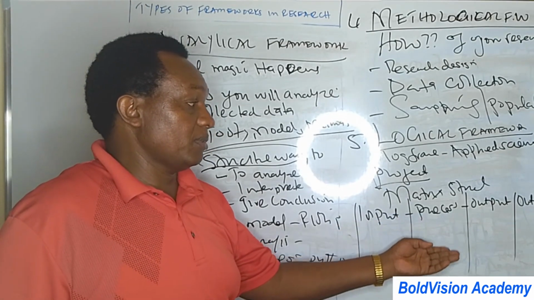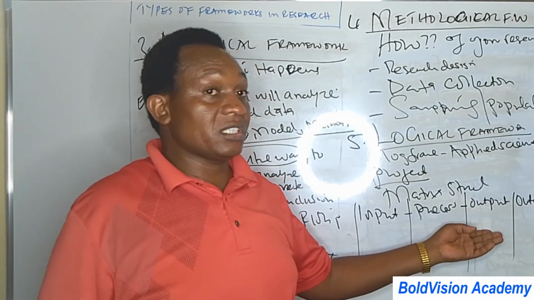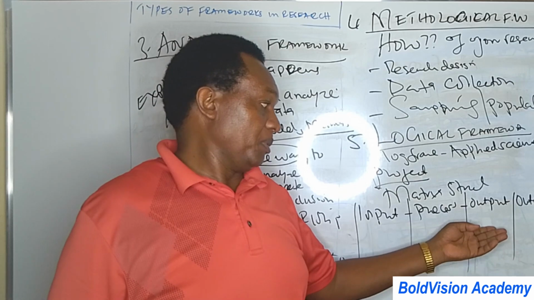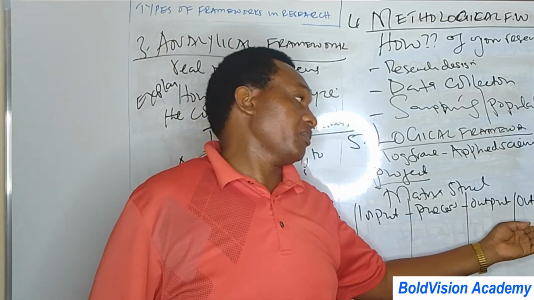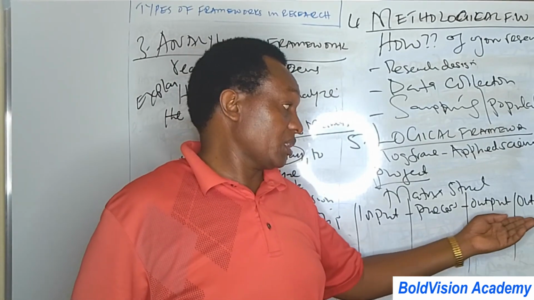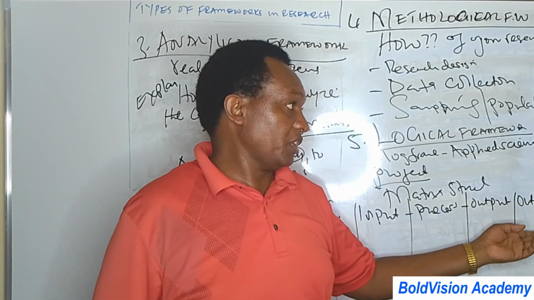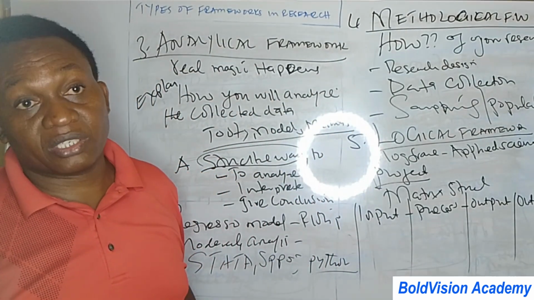How are you going to confirm whether these people attended the training? And the output, this is the immediate result that you're going to receive. Maybe they are going to start small businesses and whatever, and the long-term effect, maybe your training and how you're going to assist them will have a long-term effect of improving their financial literacy skills.